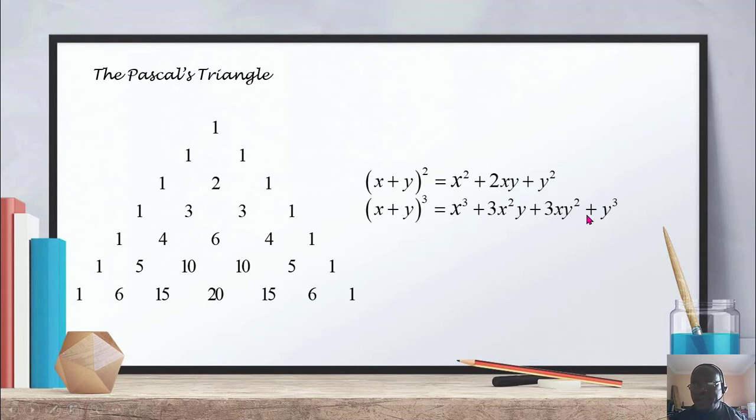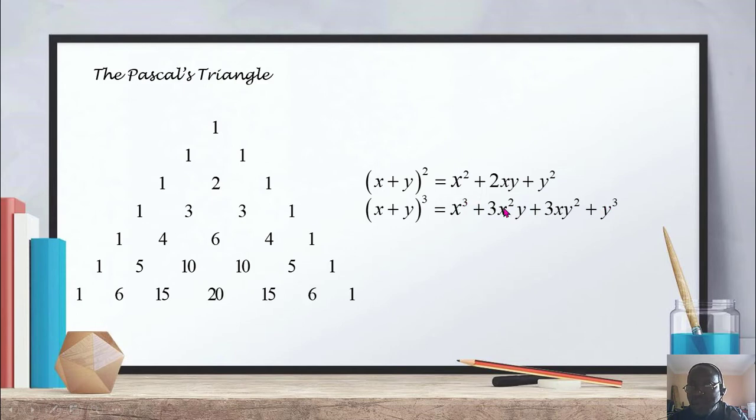y cubed. Okay. Next, what's happening here is that if the highest power is 3, then the first term, x, will be raised to power 3. And then we're going to be reducing the power by 1 as we progress in the series.